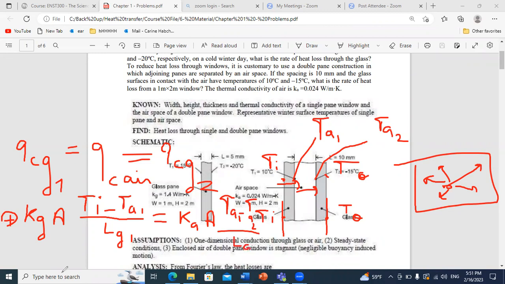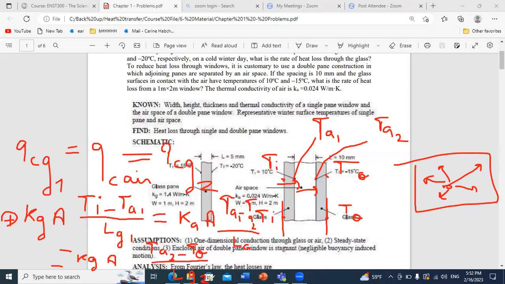And finally, this is equal to K glass times A times TA2 minus T outer over L glass 2. Okay?